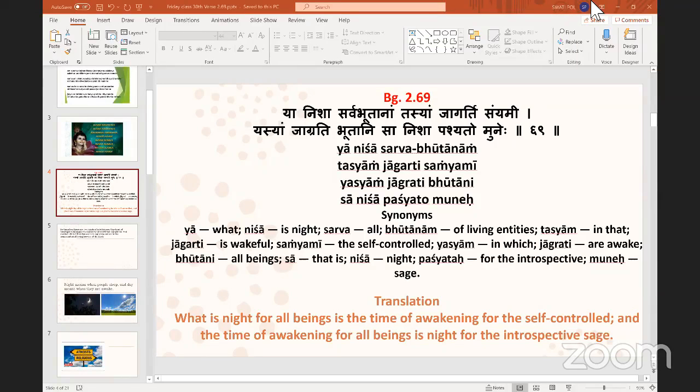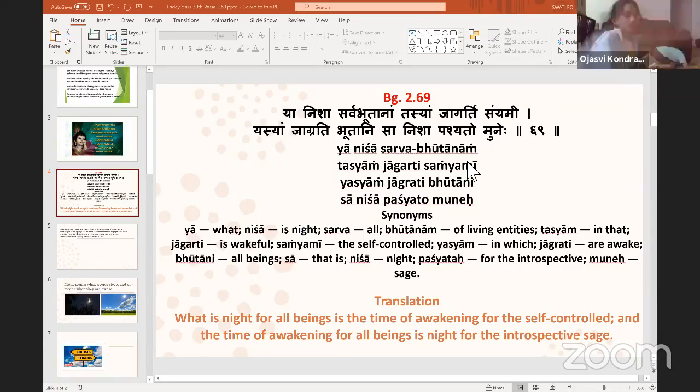Okay, Vrinda, Shama, and Balaram, can you say this verse together? Okay, Mataji.